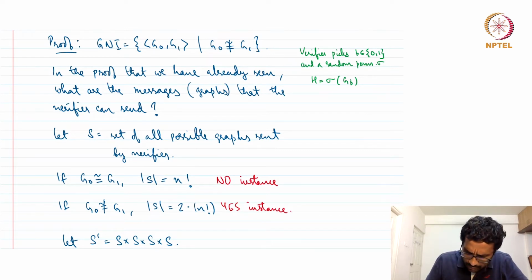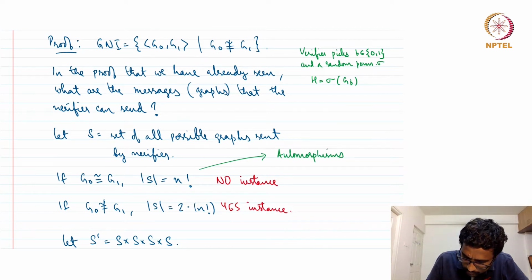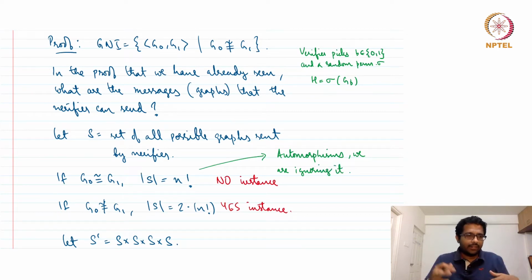Well, there is a small detail here on something called automorphisms. So we are currently ignoring it. Automorphisms are basically relabelings where multiple relabelings look the same.